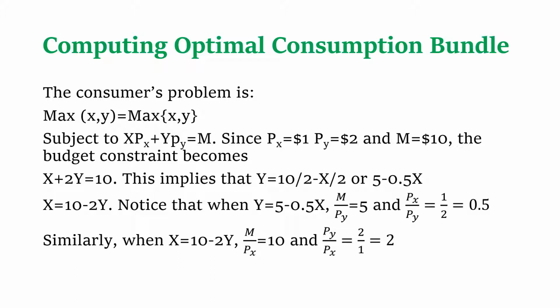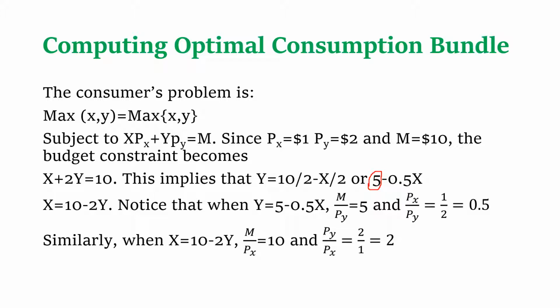I'm doing this because I need to get the intercept term for the budget constraint. Clearly, this value 5 is the intercept on the vertical axis.